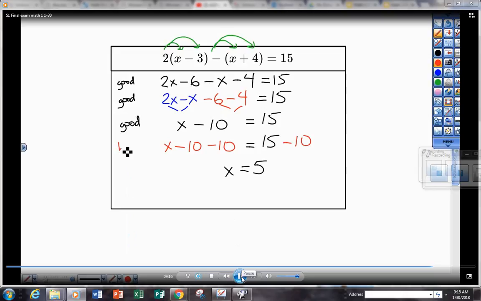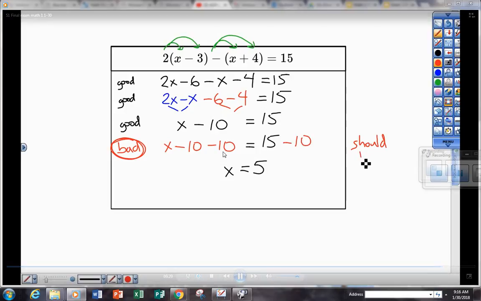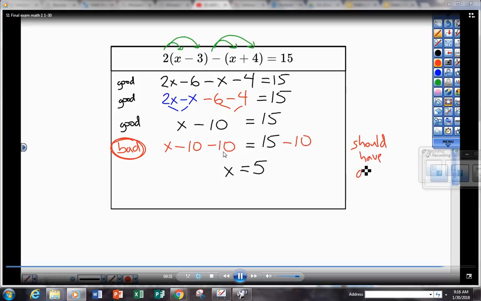If you subtracted 10 from 10, you would get negative 20 right here. These would not cancel away and just leave you plain x. The only way you're going to make this minus 10 cancel away is by doing the opposite, adding 10, which I'll show you here shortly. But again, that step where you subtract 10 on both sides, can't do that. That's no good. That would have given you negative 20 over here. Can't do that. So what you should have done, and I'll erase that bad step there.